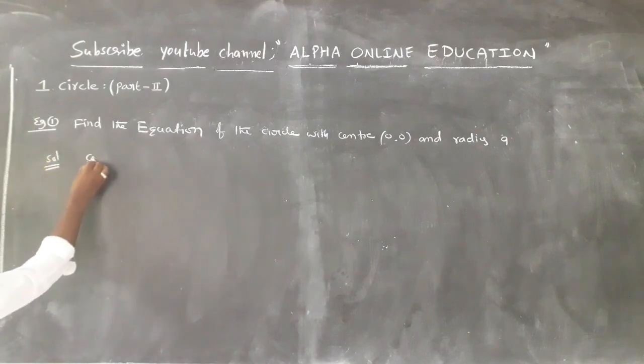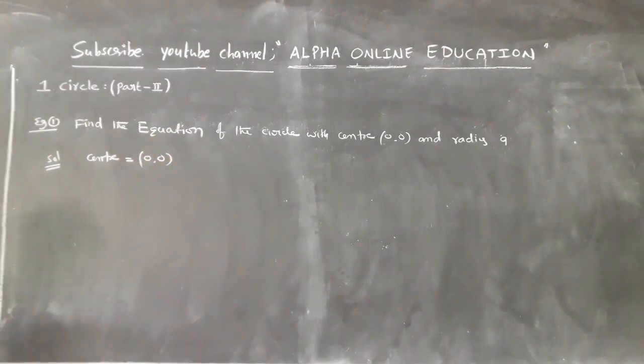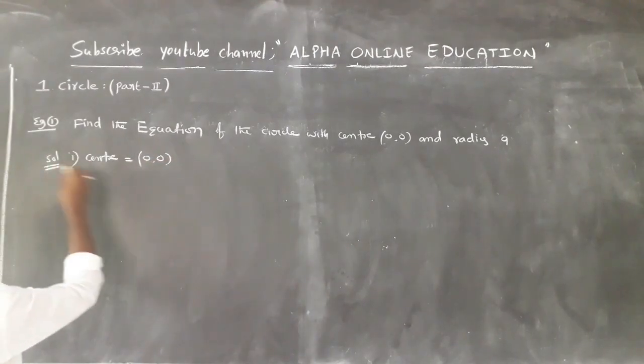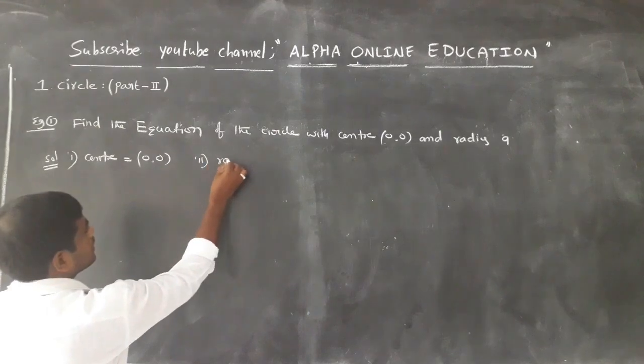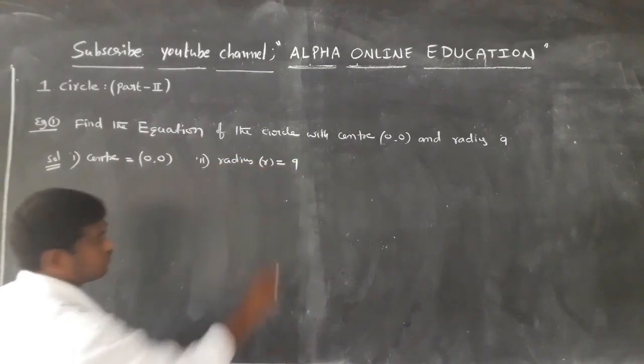Solution. Here given that center is equal to (0, 0), origin. Second one is radius, small r is equal to 9.